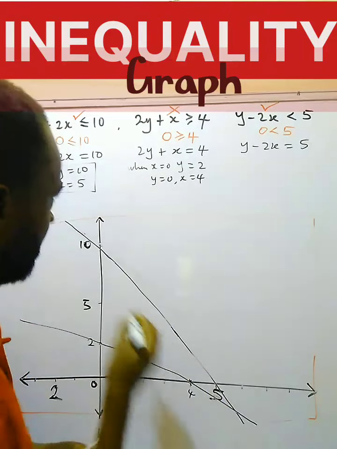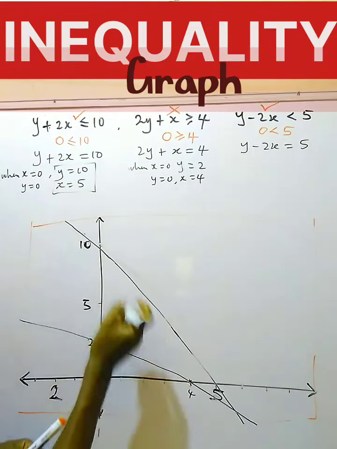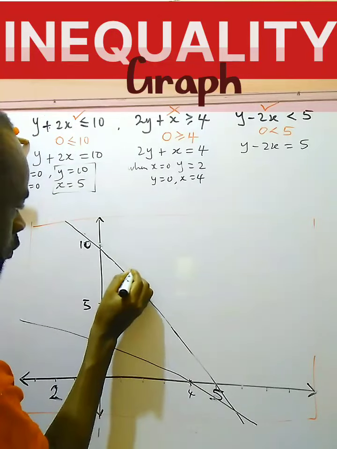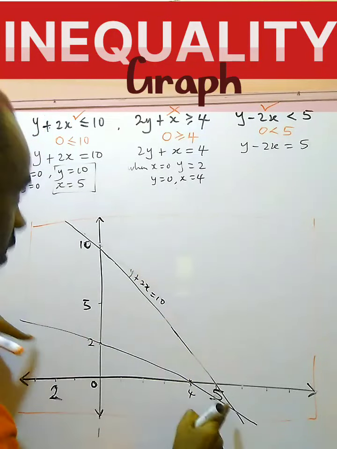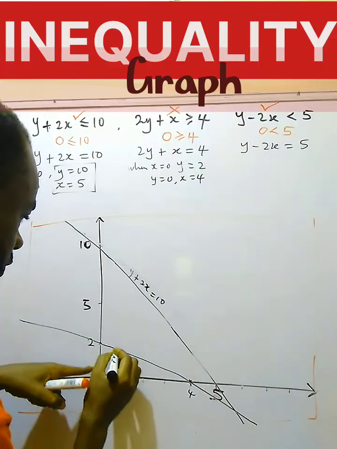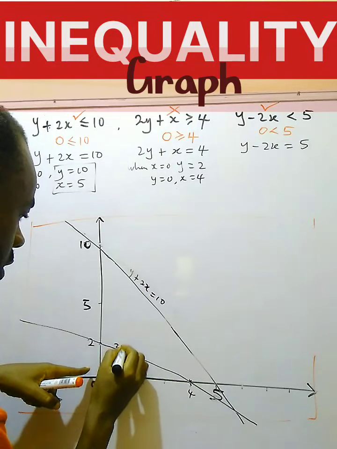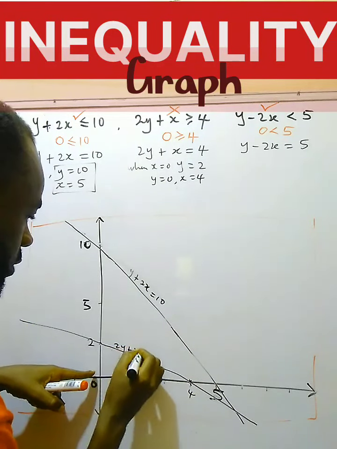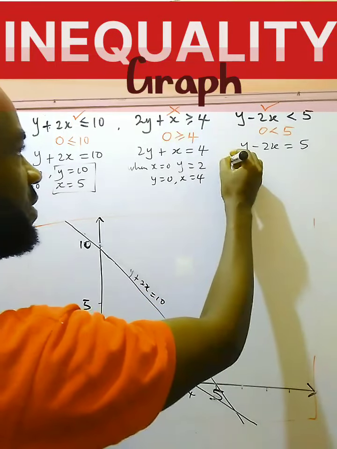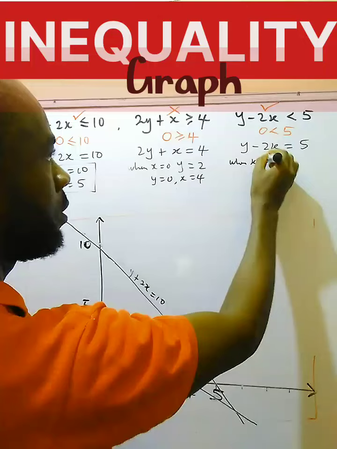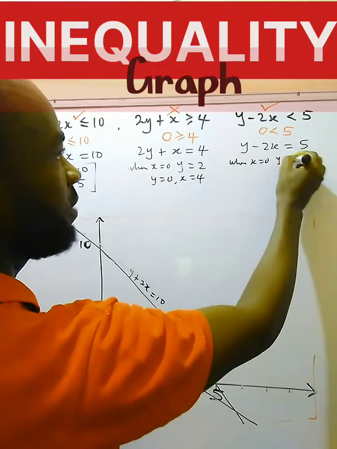Okay, so let's label the line. This first one I drew is for y plus 2x equal to 10. And this second line is for 2y plus x equal to 4. So let's get this third one here. When x is 0, y becomes 5.